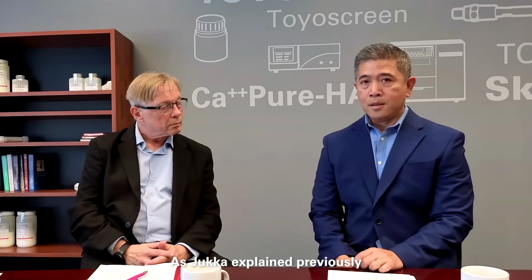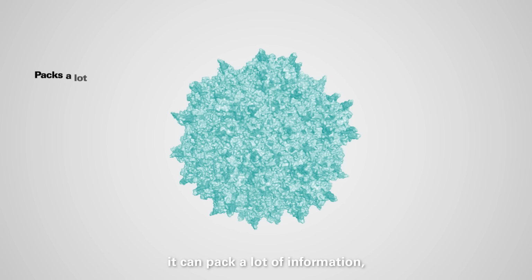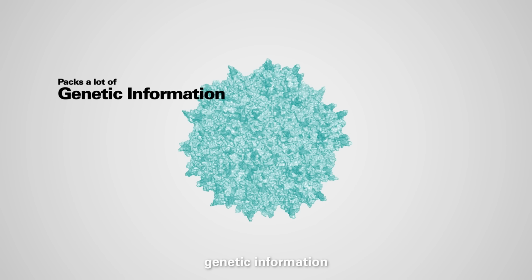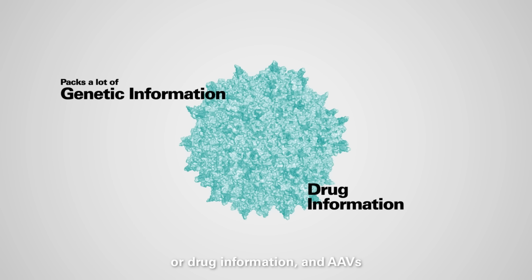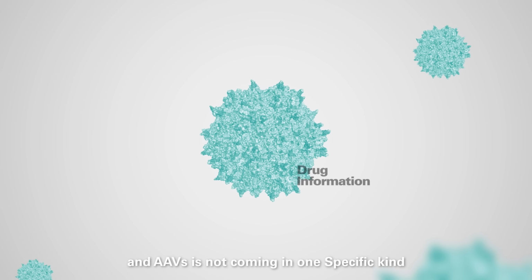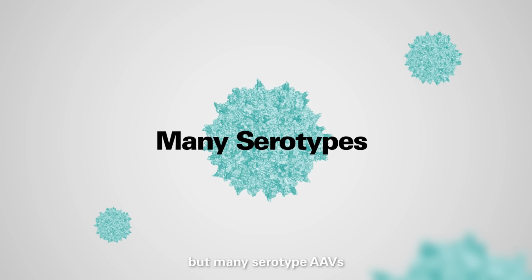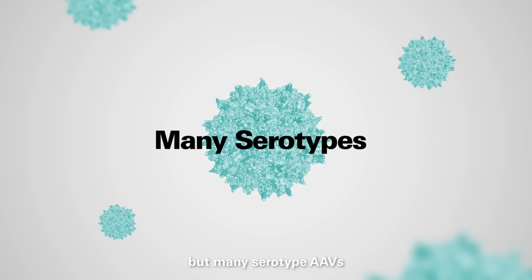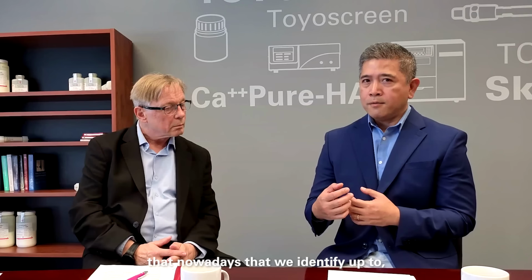Oh, yes. As Yuka explained previously, one thing about AAVs is that they can pack a lot of genetic information, or drug information, in. And AAVs do not come in one specific kind, but many serotypes. As Yuka pointed out, nowadays we identify about 12 or 13 different AAVs, okay?